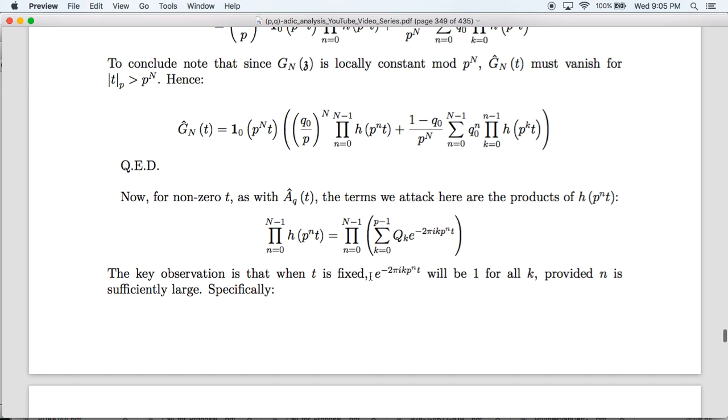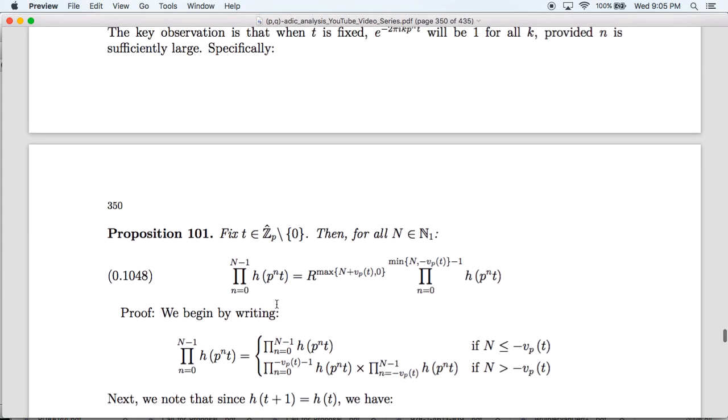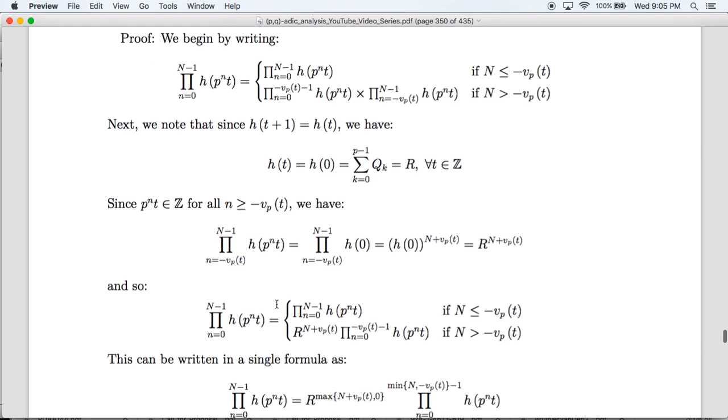And so we note that when t is fixed, this will be 1 for all k, provided that n is large enough so that p to the n cancels out the denominator of t. In particular, we have the following. And where did I set big R? Whoopsies.